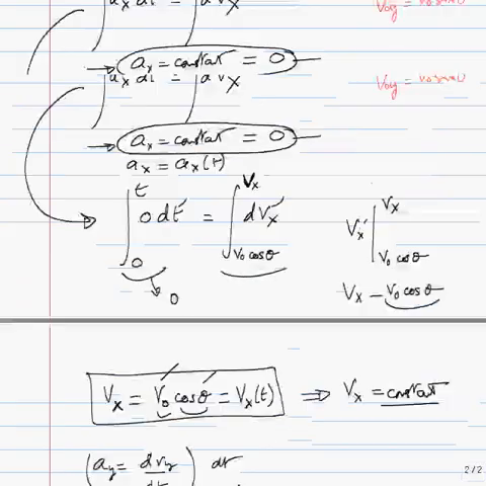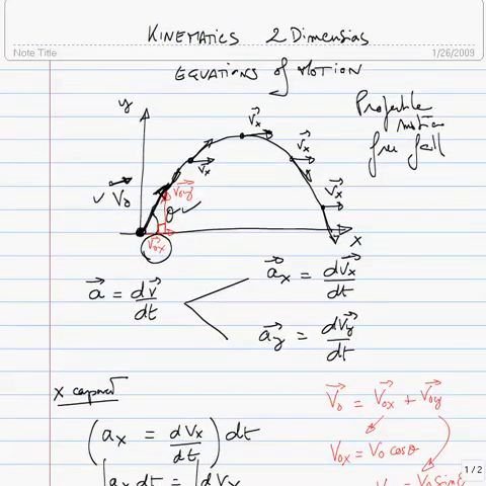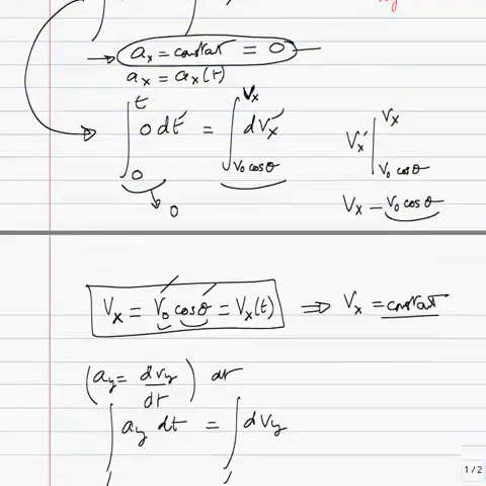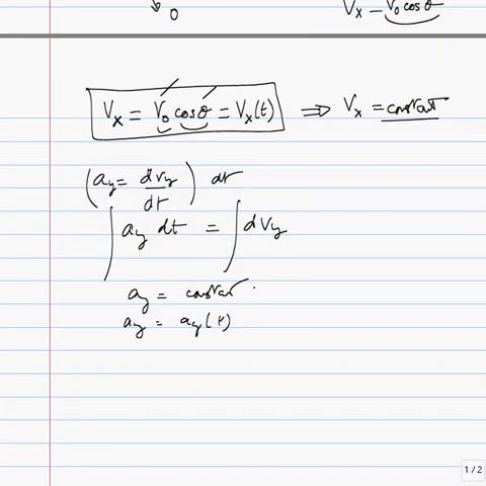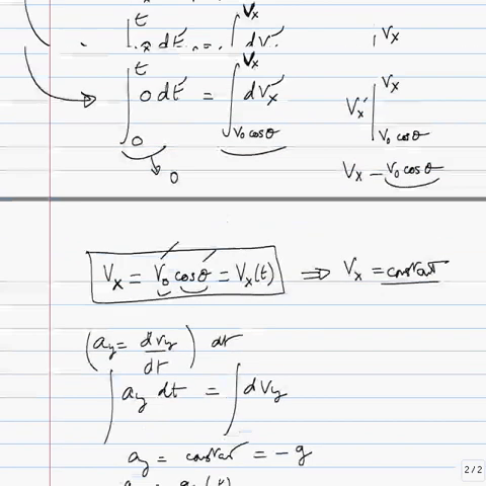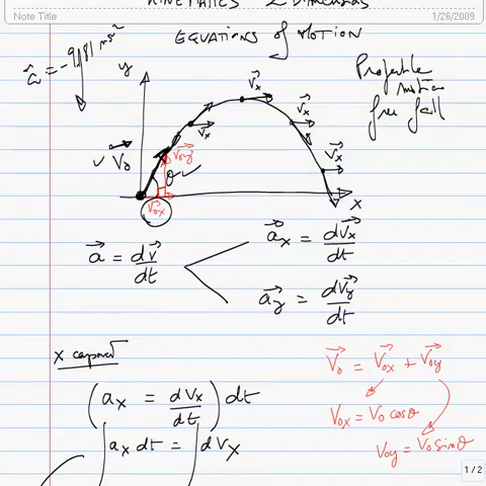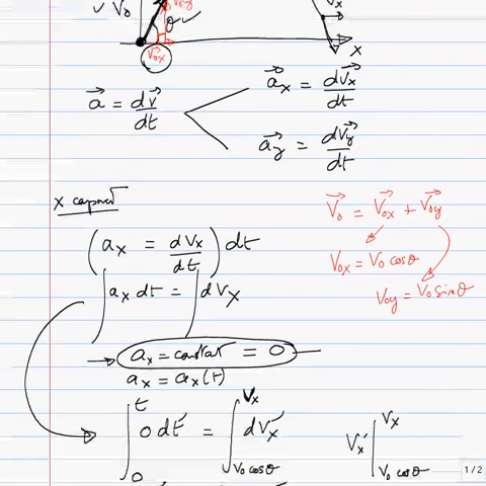Now we're doing again free fall or projectile motion, so we know that there is an acceleration in the y direction pointing down and whose magnitude is 9.81 meters per second squared. And we used to call it g. So in our case, the magnitude is minus g, and the minus comes from the fact that the direction of this vector is going down, which is opposite to our coordinate system.